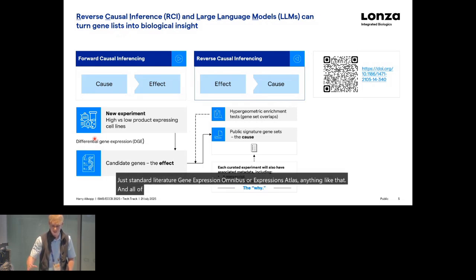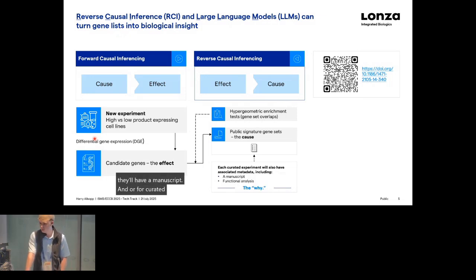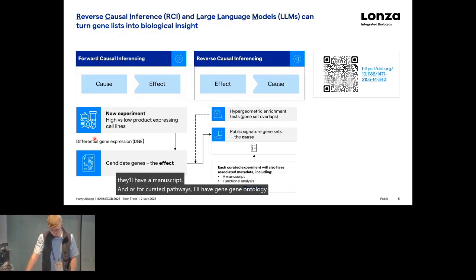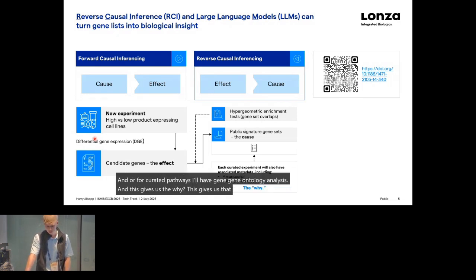All of these signature sets have associated metadata for publications. They'll have a manuscript, or for curated pathways, they'll have gene ontology analysis. And this gives us the why. This gives us that mechanistic and biological insight.